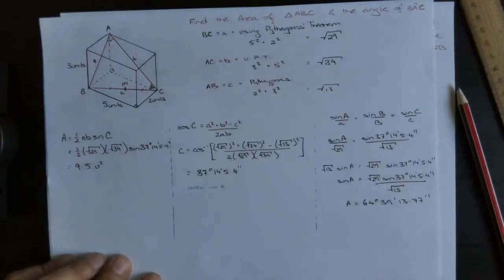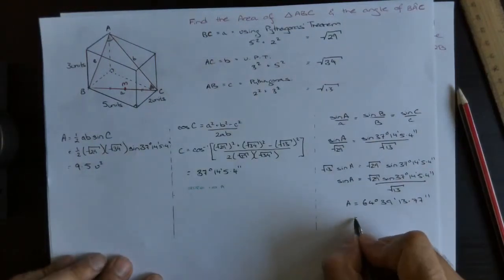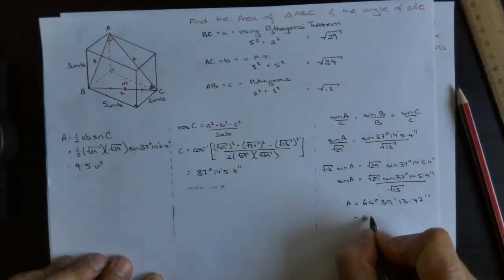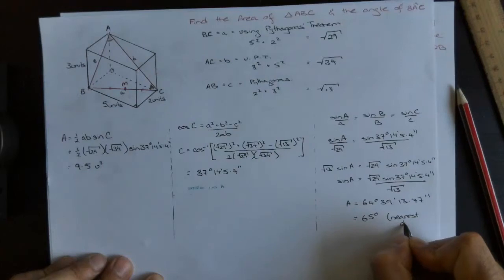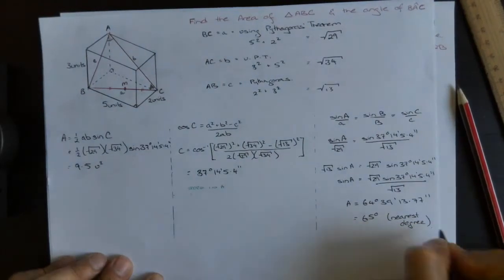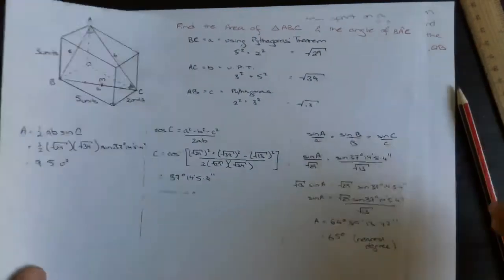Okay, and if I round it to the nearest degree, 39 is bigger than 30, so it's going to be 65 degrees. Okay. All right.